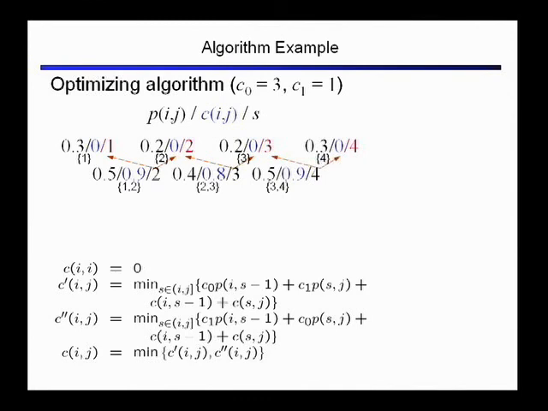The example has input as follows, with probabilities 0.3, 0.2, 0.2, and 0.3, with an asymmetry of 3 versus 1. I want to come up with the optimal decision tree for that. If you start out knowing that your solution is 1 item, then of course your cost is going to be 0.